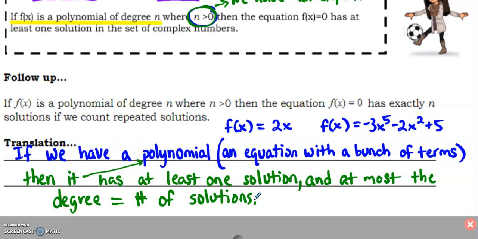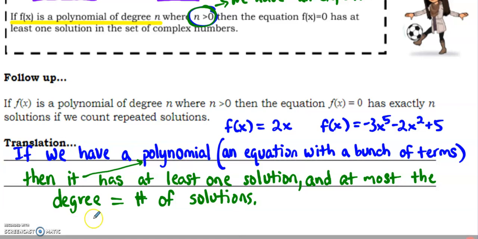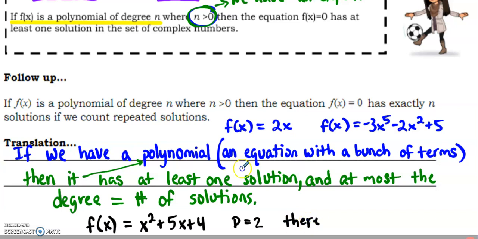For example, what this is saying is that if you know you have an equation like f of x equals x squared plus 5x plus 4, and you know that the degree equals 2, then you know there are two solutions. In these polynomials I made up here, this is 2x to the first. That would have one solution. This is f of x equals negative 3x to the 5th. That would have 5 potential solutions.